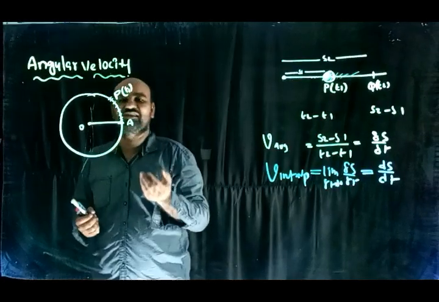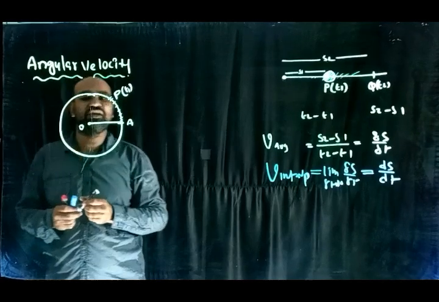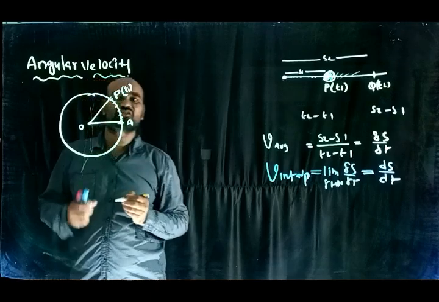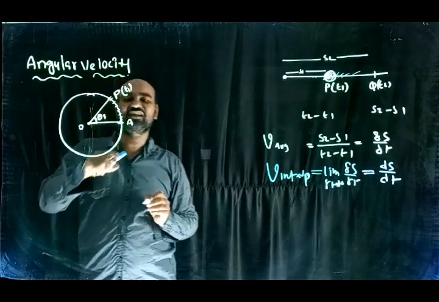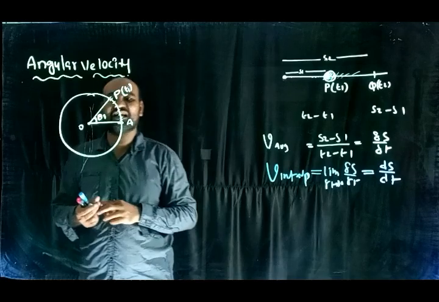After t1, how much angle is made by P at O should be decided. Let this angle be theta 1. We can say that the angle made by the particle in t1 time is theta 1.